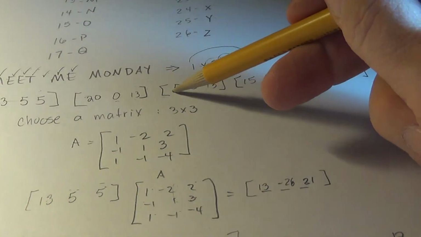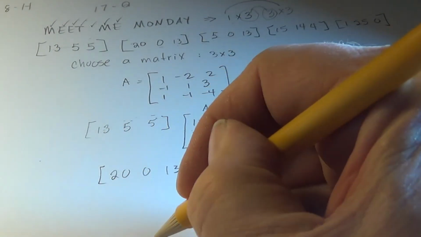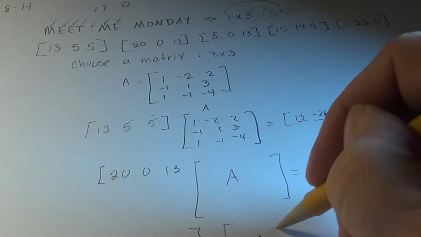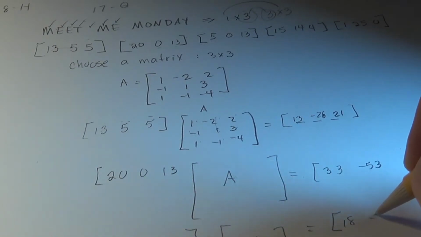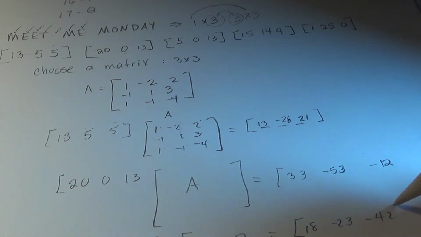And when I multiply 5, 0, 13 times matrix A, I'm going to get 18, negative 23, and negative 42.